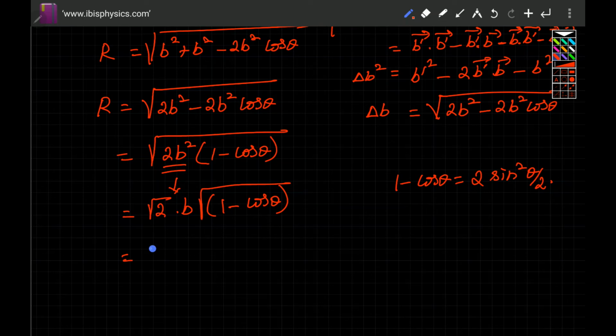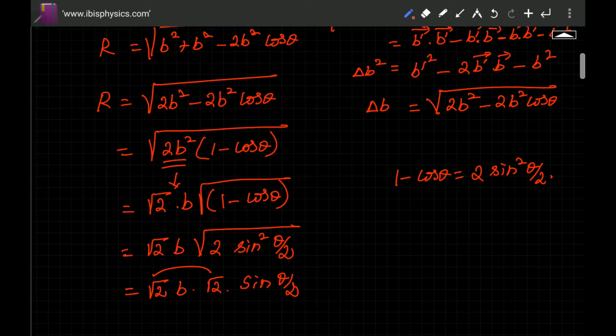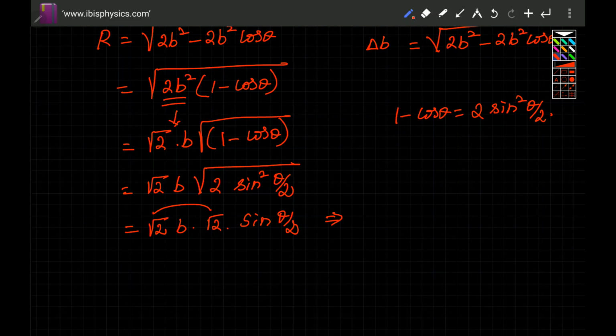So root 2b into root over 1 minus cos theta can be written as 2 sine square theta by 2. When you take the root out, sine square theta by 2 becomes sine theta by 2. Root 2 into root 2 is 2, which becomes 2b into sine theta by 2.